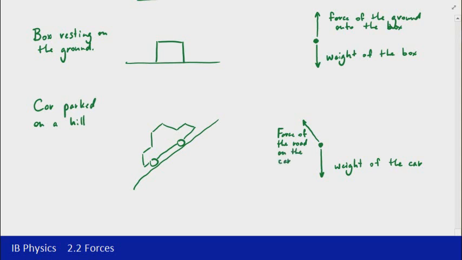And because the car's not moving anywhere, there must be a frictional force acting up the hill, and that force vector is then the friction between the tyres and the road.